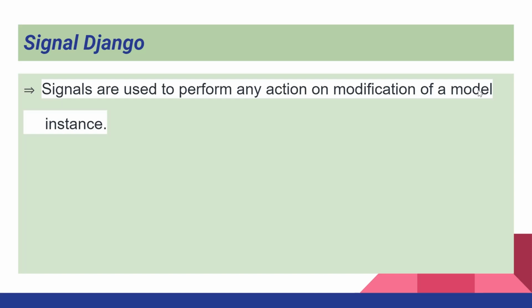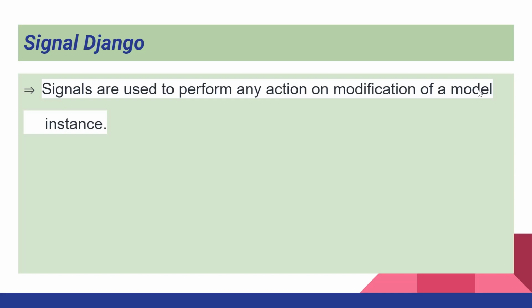This is a signal in the real world, and it is similar in Django. Suppose a client sends a request, then views.py handles it and sends a POST.